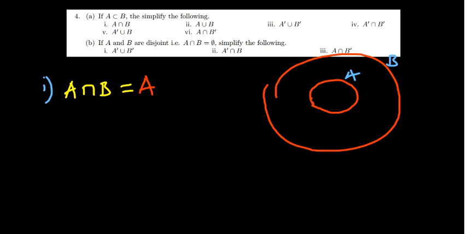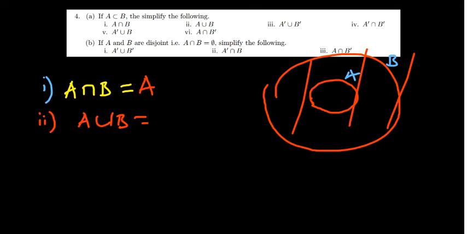Okay, quickly we got the second one. A union B. A union B, that means you combine A with B. So if you combine both A with B, ultimately what you have is still B. You can't get anything bigger than B because A is already in B. I'm just trying to help you think fast.